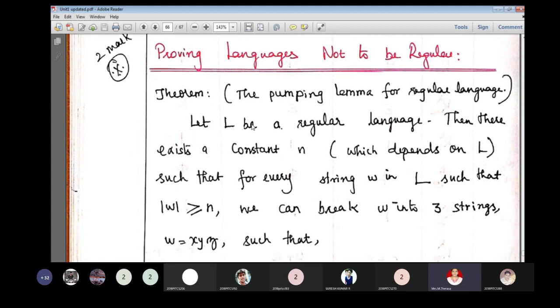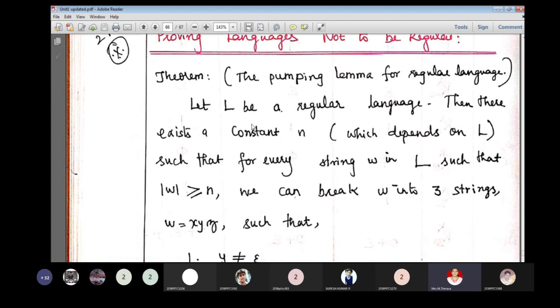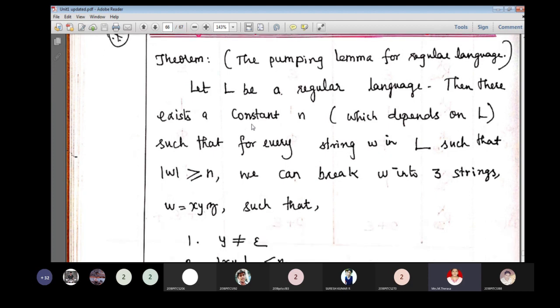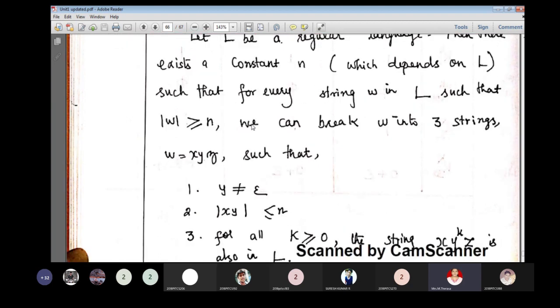So I'll repeat this theorem. Let L be a regular language, then there exists a constant n which depends on L such that for every string W in L such that length of W greater than or equal to n, we can break W into 3 strings such that W is equal to xyz such that y is not equal to epsilon, length of xy is less than or equal to n.